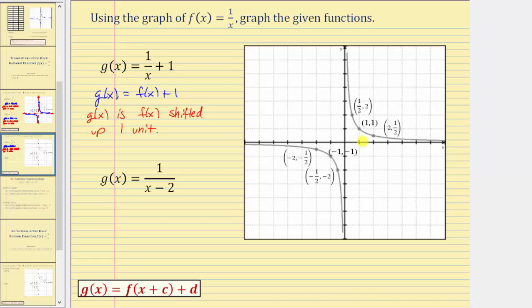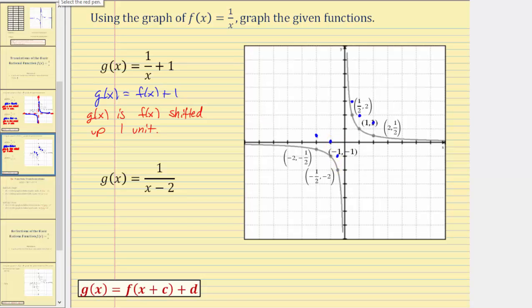So we'll shift each point of the parent function up 1 unit, as well as shift the horizontal asymptote up 1 unit. Let's first shift the points, so up 1 unit, here, here, and here, as well as here, here, and here.